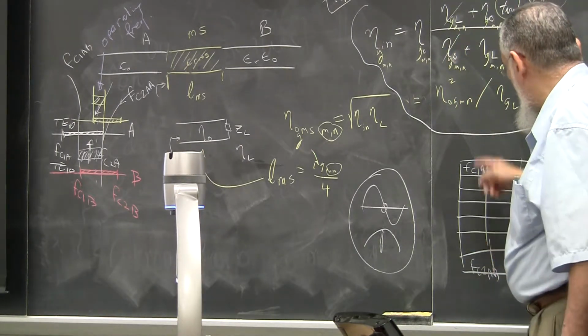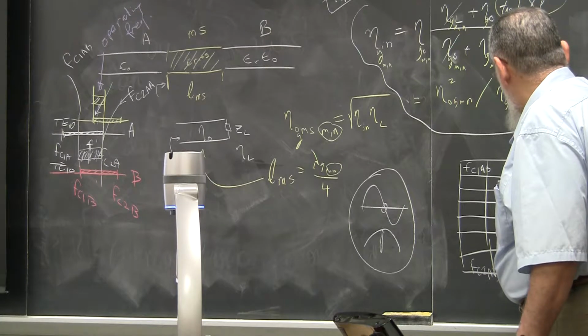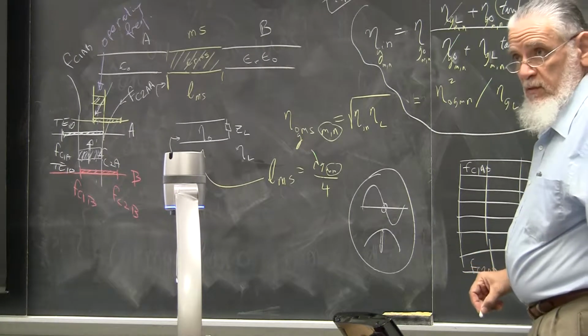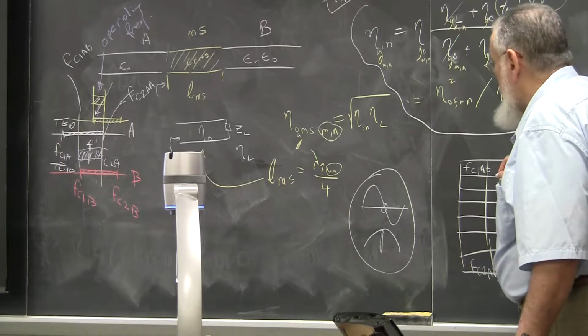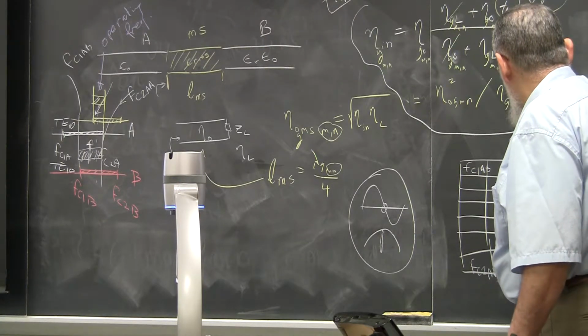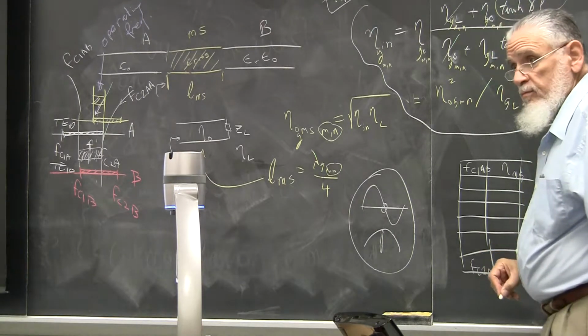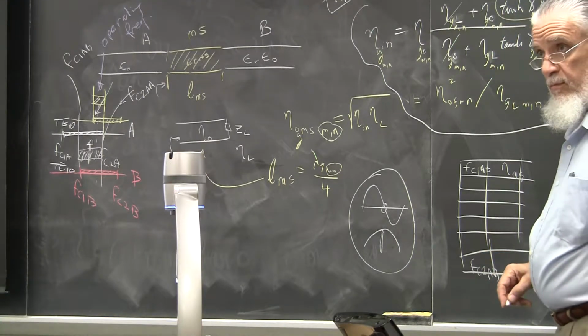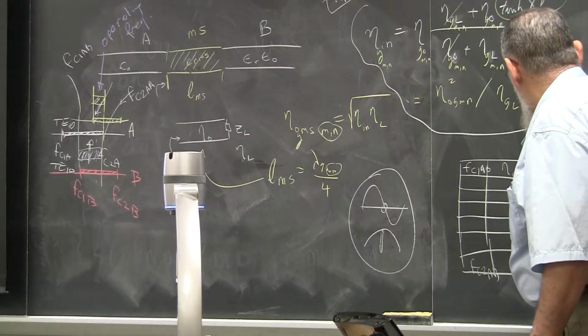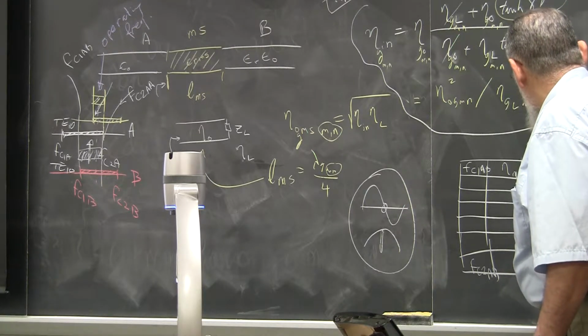You write in the equations, and you find out for each one of these frequencies, all right? You want to work out this relationship here. Find your impedance of the section. And find the epsilon for your matching section.